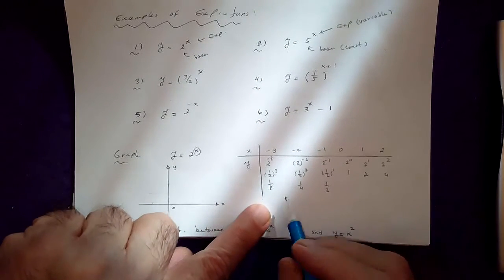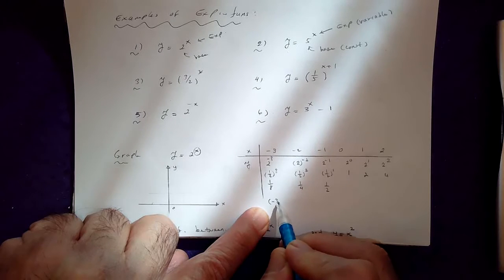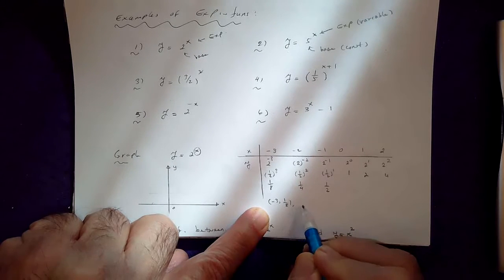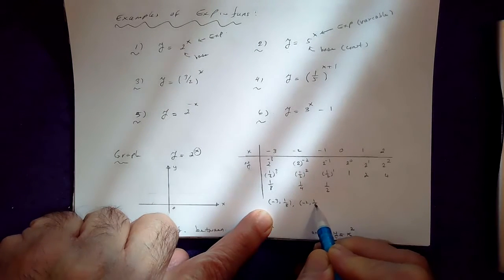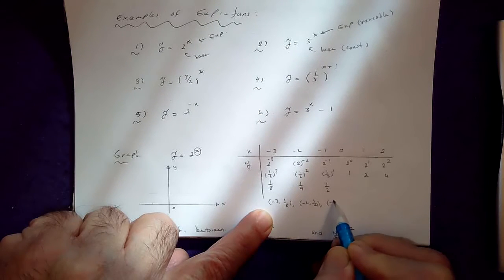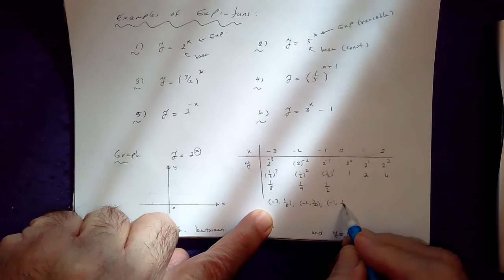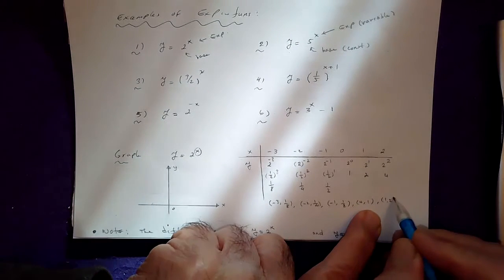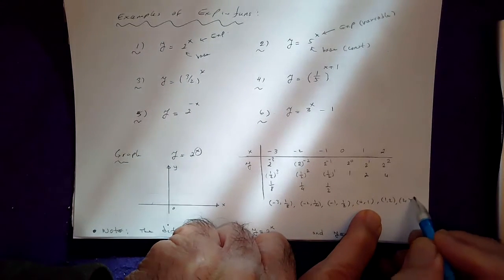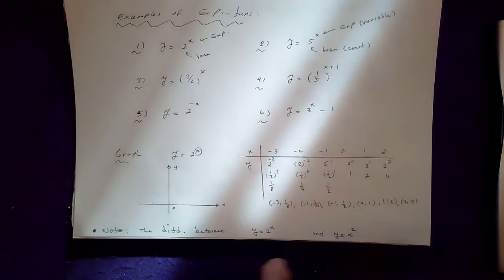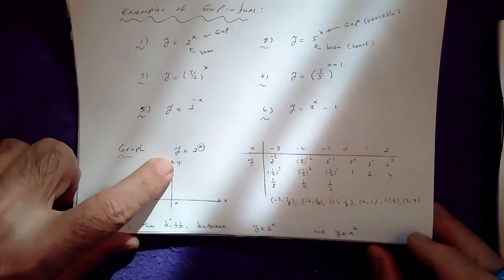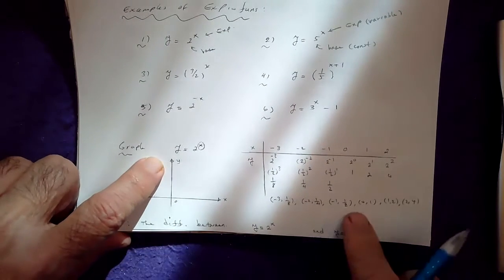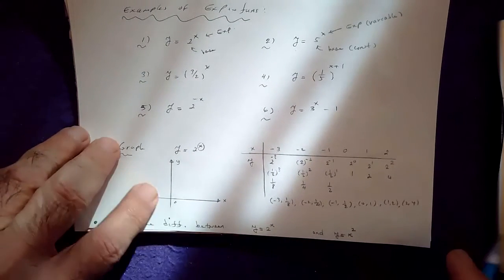So the ordered pairs are -3, 1/8, -2, 1/4, -1, 1/2, 0, 1, 1, 2, and 2, 4. So these are the points I need to plot on the x and y axes to get the graph going.